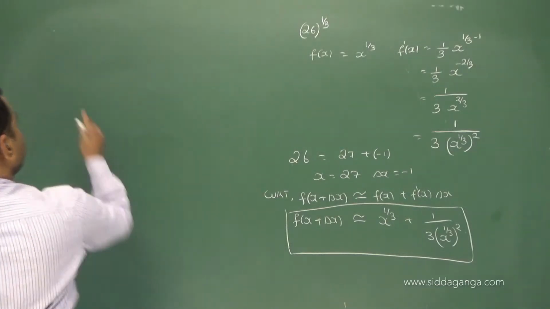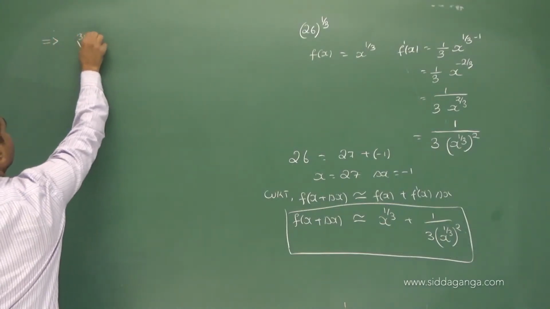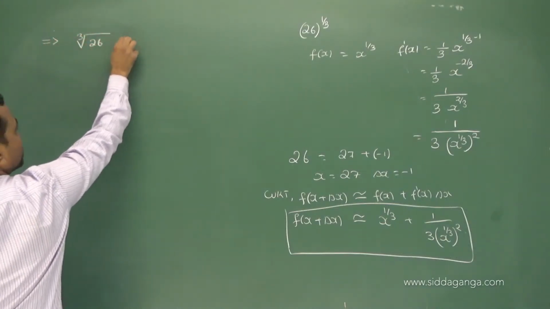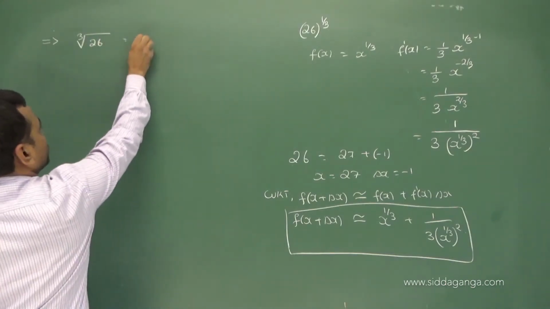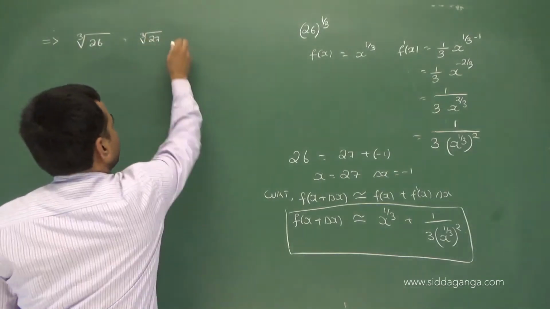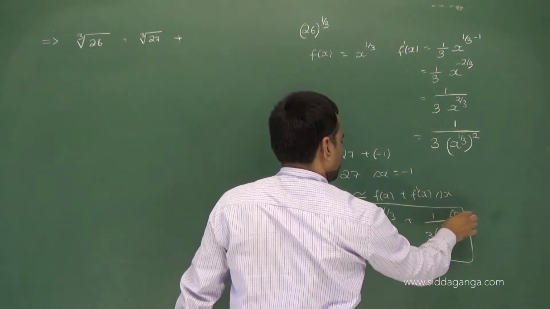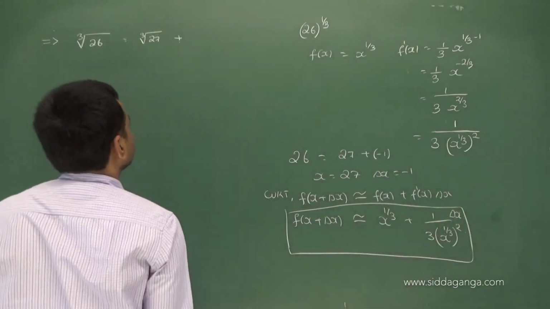That implies cube root of 26 is equal to cube root of 27, correct? Plus delta x.